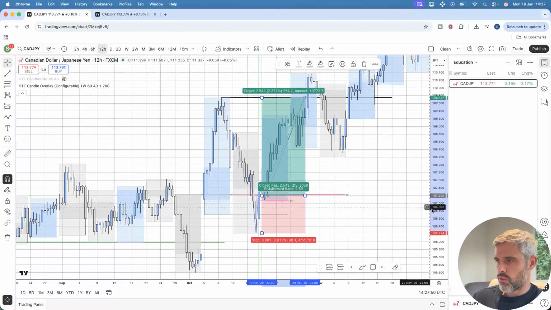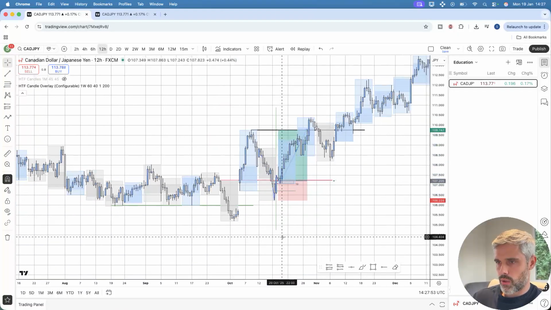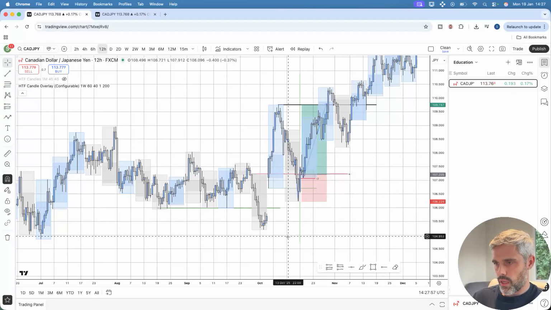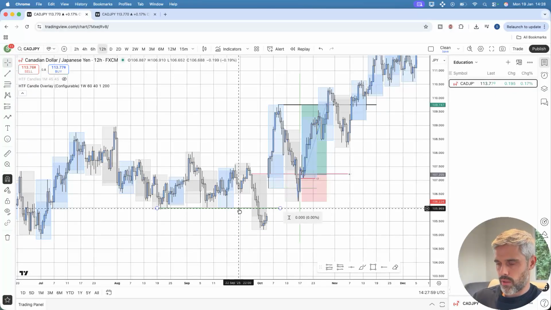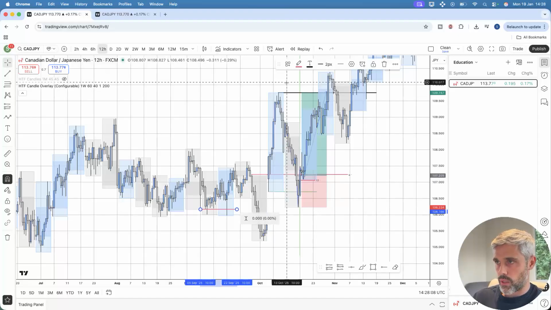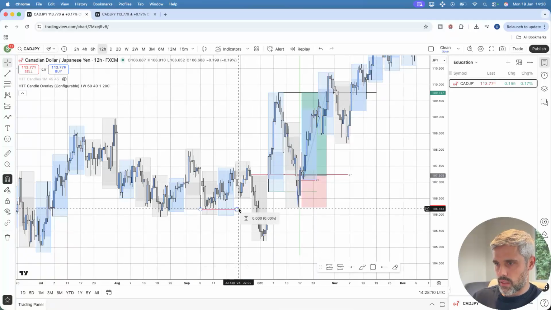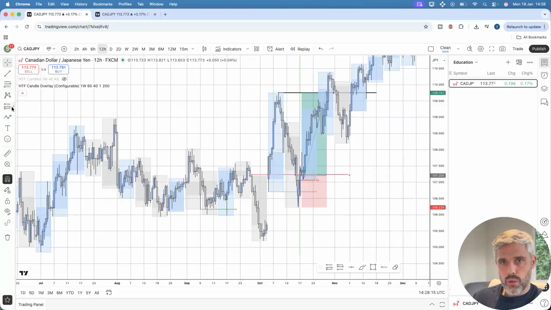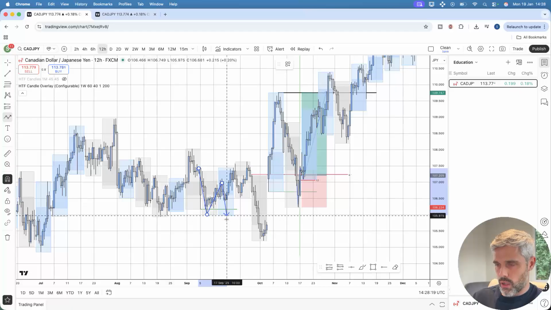So if we just zoom out of this, I'm going to show you how this also does not work. If I just take this away and we just look at price action, we can see we also have a liquidation of this weekly low right here. I'll mark that in the same color for clarity. And then we also have price running down, trying to go lower, and then shifting bullish.